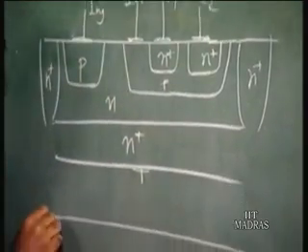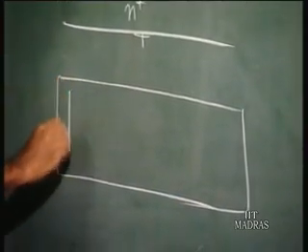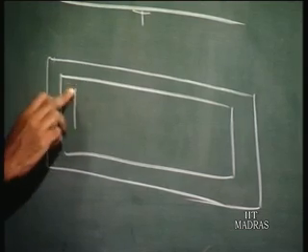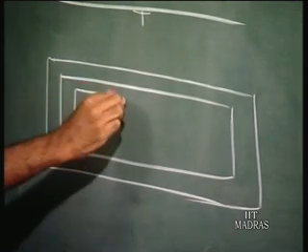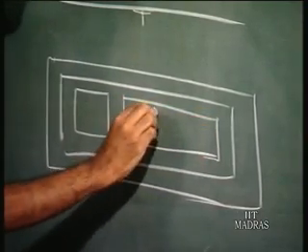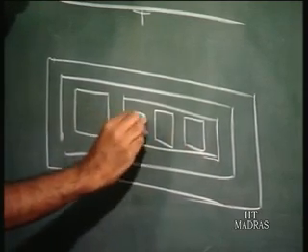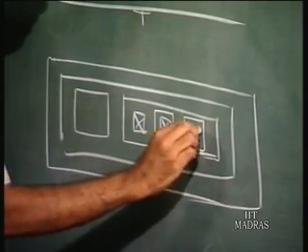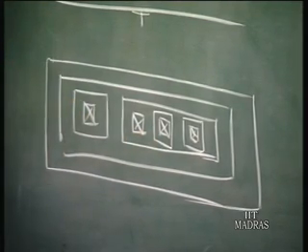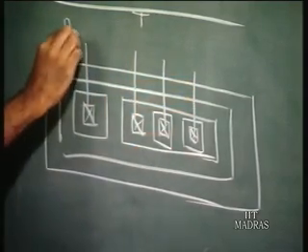Again, just to draw the top view, you have the injector, then you have the base, and you have the collectors, and these are the contacts. This is the injector contact, this is the input contact, these are the collector contacts.